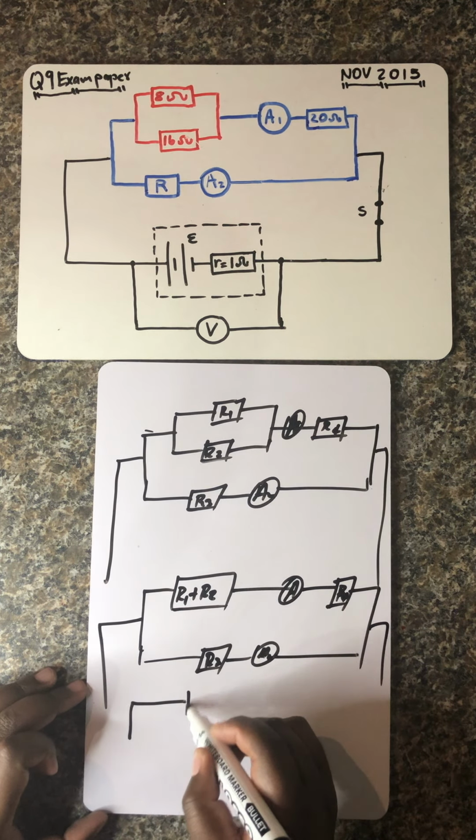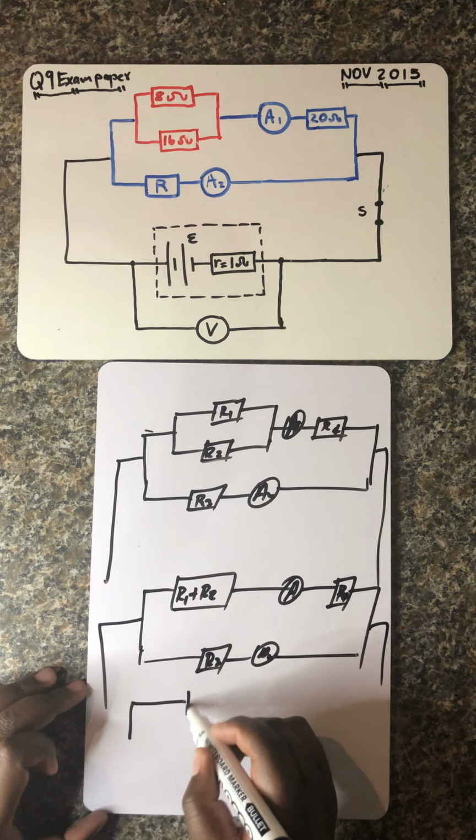Okay, so that's what I wanted to explain with regards to a voltmeter connected across one of the resistors in parallel. And the other thing that I want to explain is that you can see you've got 2 ohms, you've got 14 ohms which are connected in parallel.